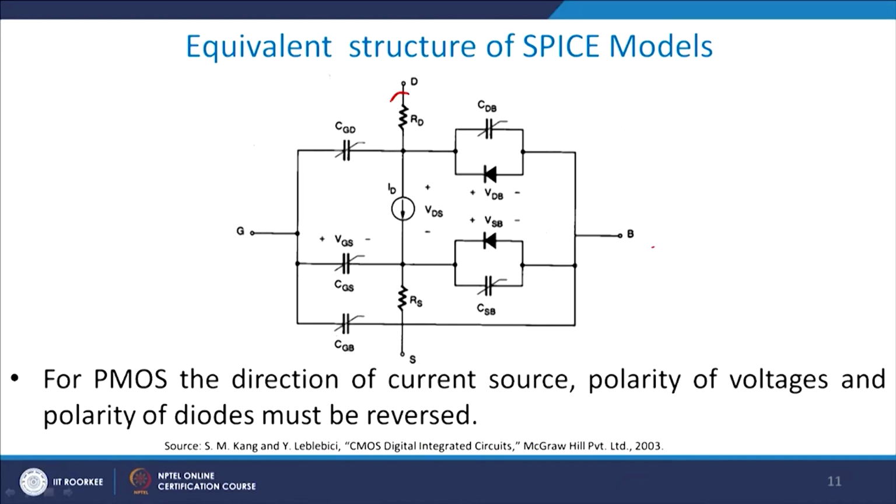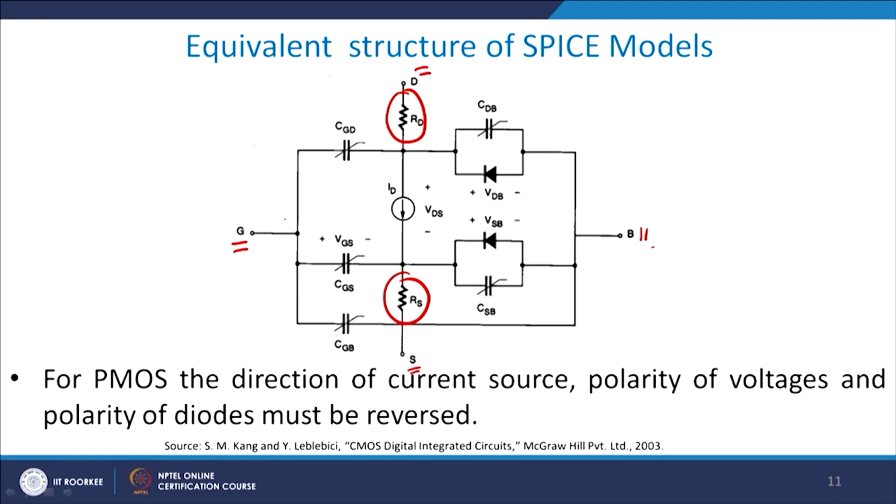Now, if you look at the equivalent circuit of a SPICE model, which means how SPICE looks at a MOS device, it looks something like this: you will have a drain resistance, remember RD, and you also have a source resistance RS. Again you have four terminals: gate, drain, bulk and source, right.